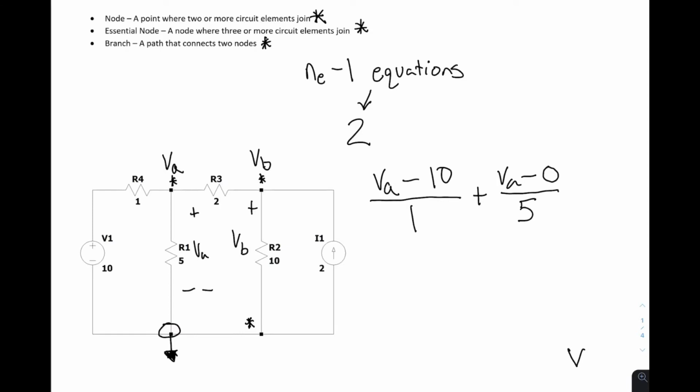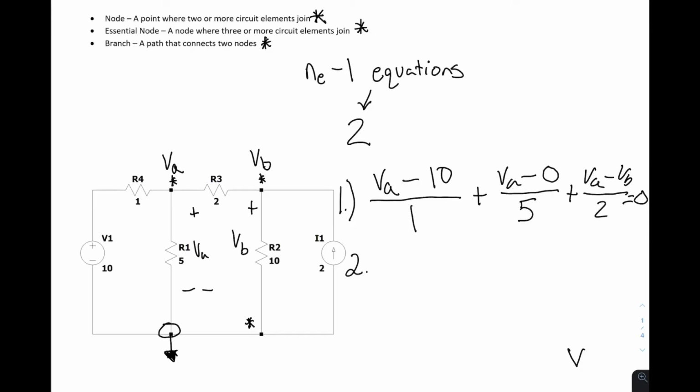This is why it makes sense to place the reference voltage where we did, because it makes it easier to simplify. We know VA minus 0 over 5 can be written in the future as just VA over 5. The last branch leaving VA, we're going to have VA minus VB over 2, and this is all equal to 0. This concludes our first equation, and we have one more to go.